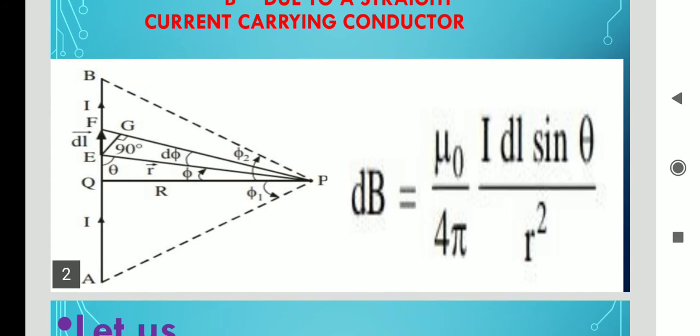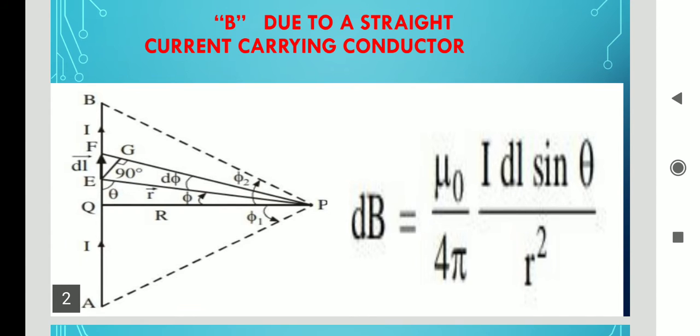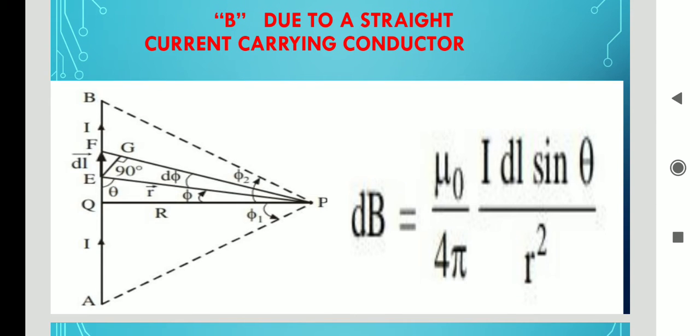The Biot-Savart law states that the magnetic field dB at a point P due to a length dl and current I is given by dB equal to mu naught by 4 pi I dl sin theta by r square, where mu naught is the permeability of free space, which can be considered as 4 pi into 10 to the power of minus 7 Tesla meter per ampere.